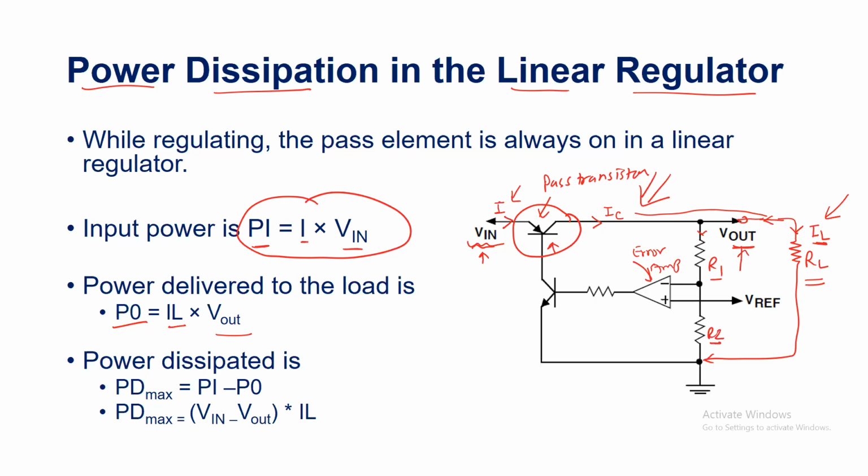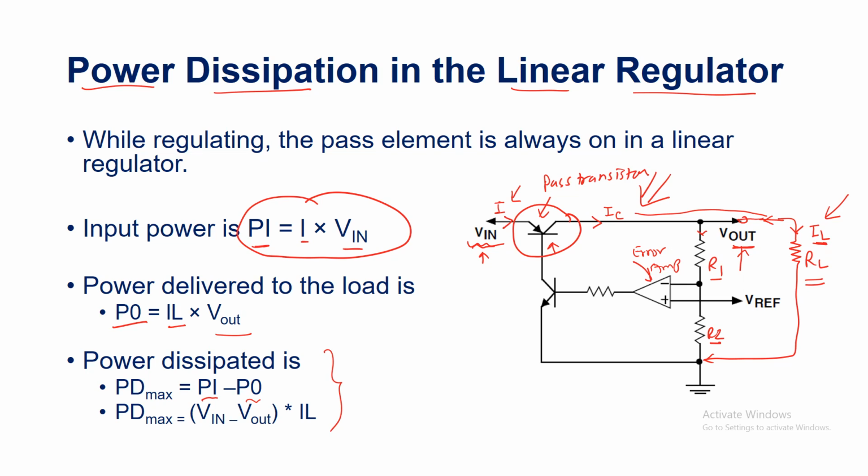Now, the power dissipation is simply the difference between the input power and the output power. So how much power you have at the input of the system and how much power is delivered. The rest of the power is basically wasted as heat that is consumed by the circuit, right?